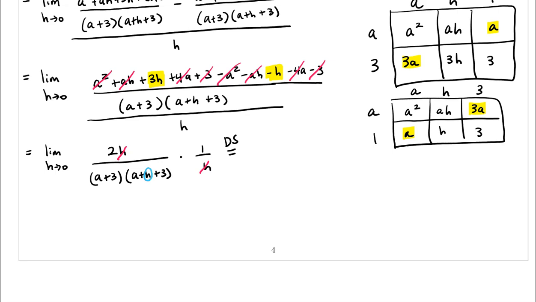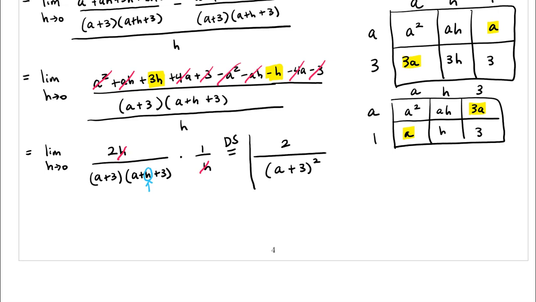Notice that if we use direct substitution, this h would become 0, and we'll have a repeat term in the denominator. So that's going to be a plus 3 times a plus 3, which is the same thing as a plus 3 quantity squared. And then my numerator, 2 times 1 is 2.